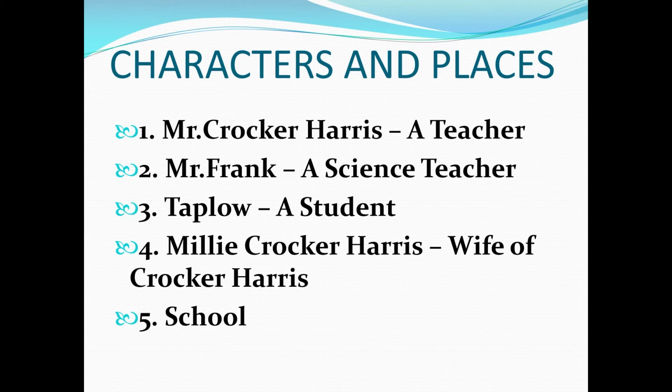And the main character in this play is Taplow. He is a student, right? He is in the lower fifth. Very soon he would be promoted to the next class if he gets his remove, if he passes from the lower fifth. Millie is Crocker-Harris's wife.